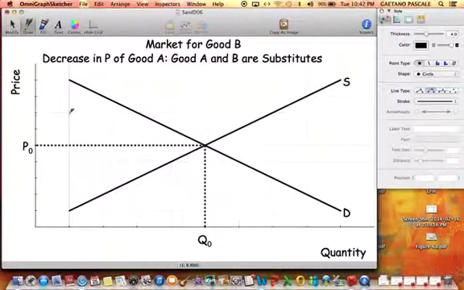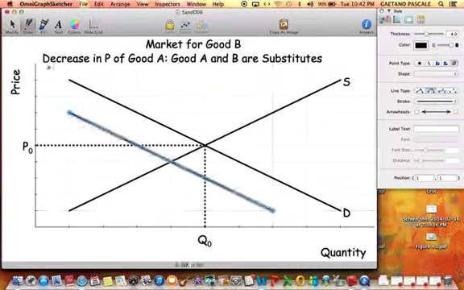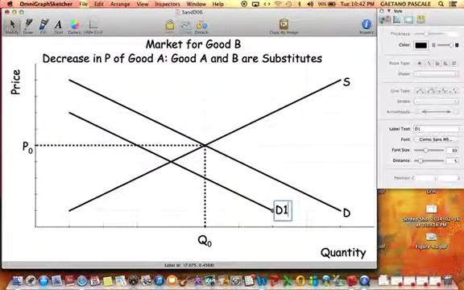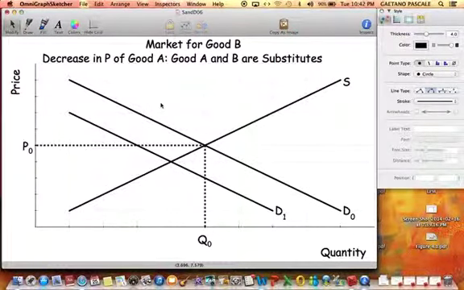So the way we show this is by drawing in a new demand curve. So here is our new demand curve. We make sure we label this as D1, and we label the original demand curve as D0. All right, so that is what's going to happen. We can show the shift by drawing in arrows here.